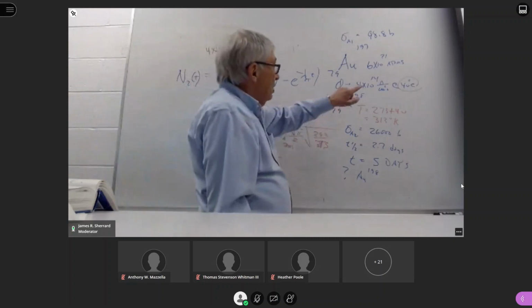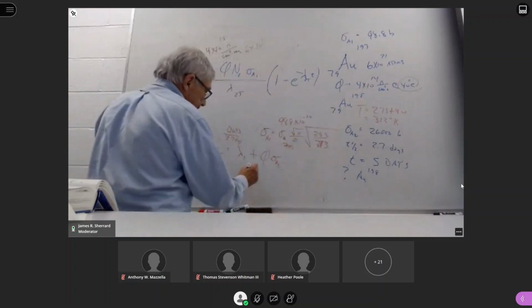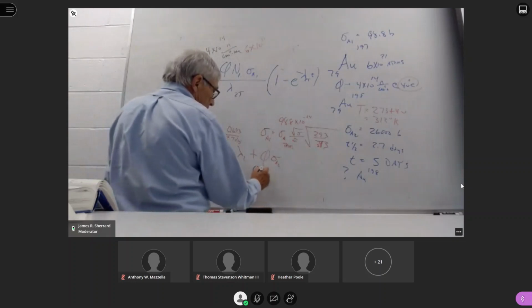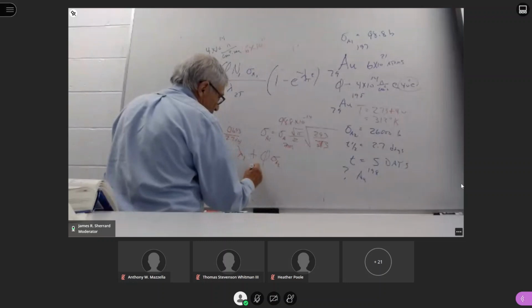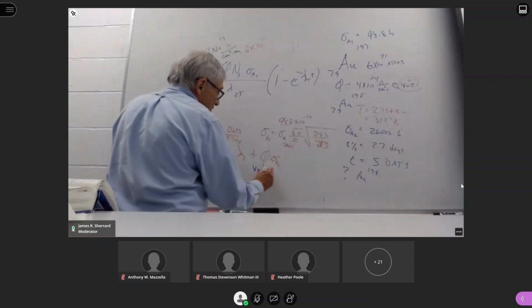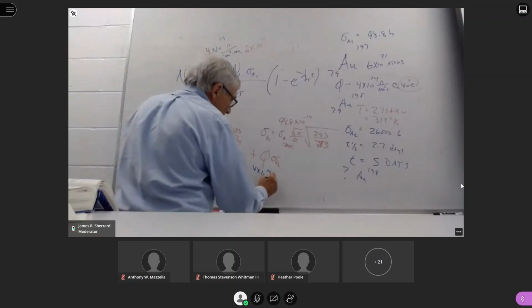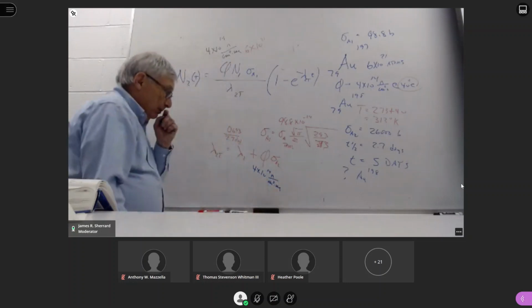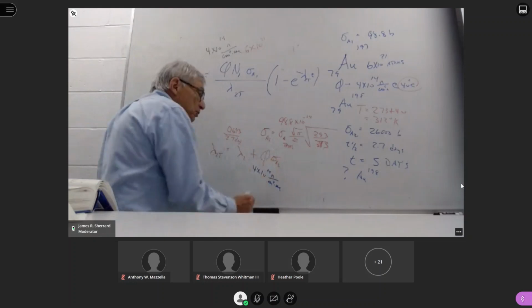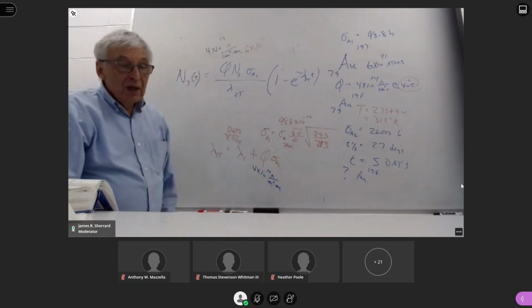If we look at this, what is our flux? Our flux is this, I've already written it, 4 times 10 to the 14th neutrons per square centimeter per second. What is our absorption value for 2?